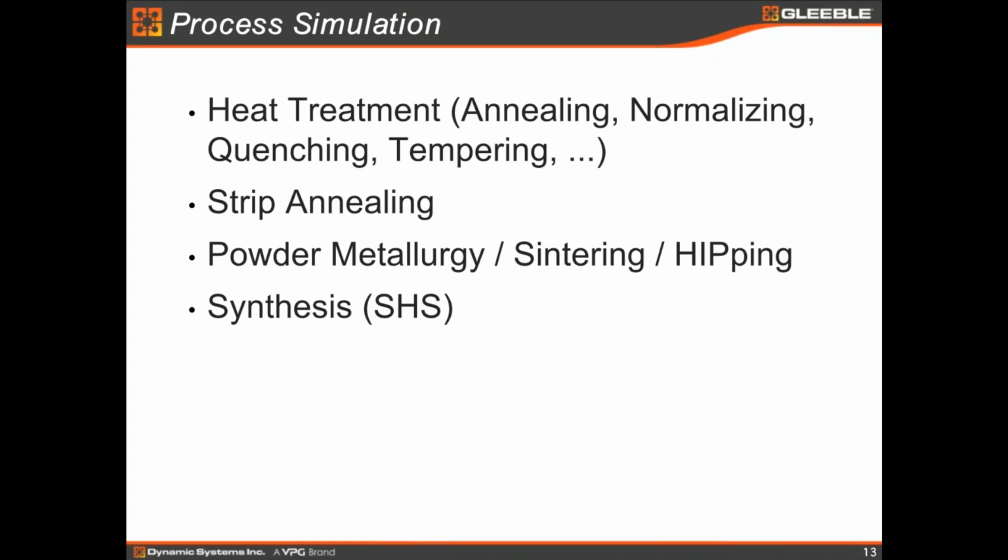What heat treatment can I do by Gleeble? Strip annealing. Everybody is making sheet metals, right? 70% of the steel market is really made of sheet metals. Powder metallurgy, sintering, and hipping for high temperature or exotic materials, synthetics. So all these things you can do with the Gleeble.